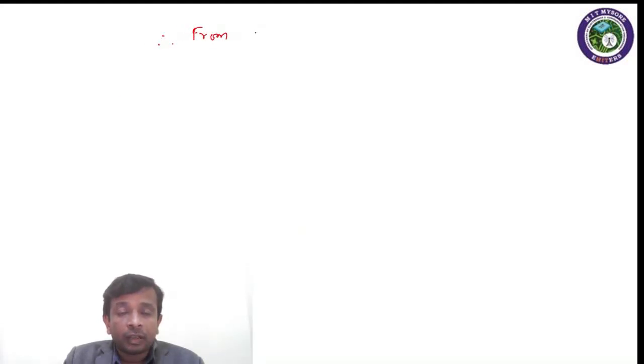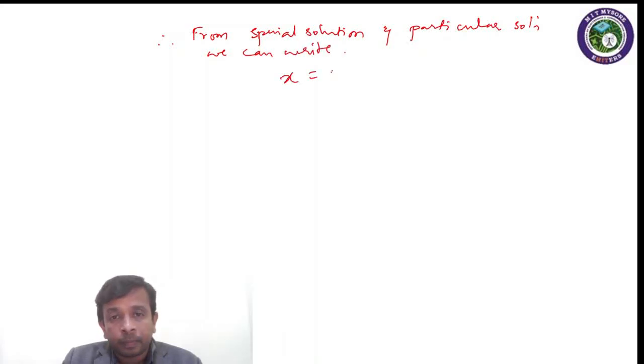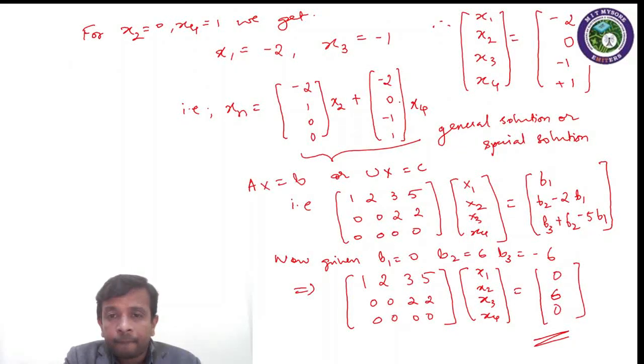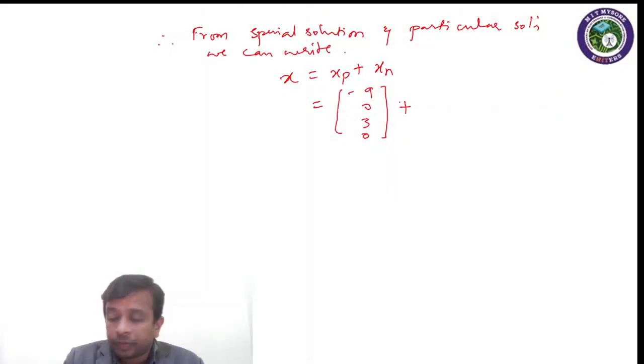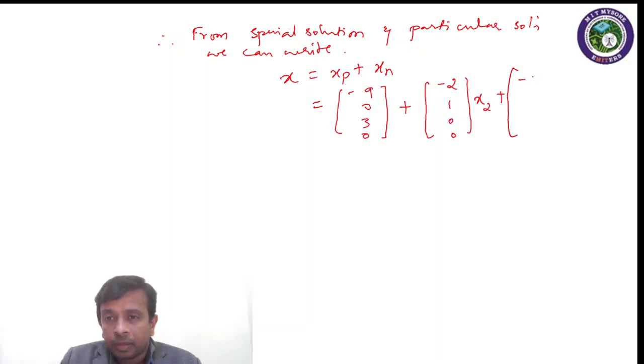Therefore, from special solution and particular solution, we can write minus 9, 0, 3, 0 plus xn was minus 2, 1, 0, 0 times x2 plus minus 2, 0, minus 1, 1 times x4.